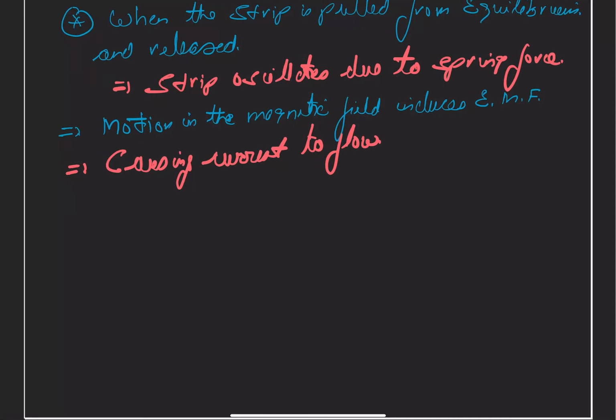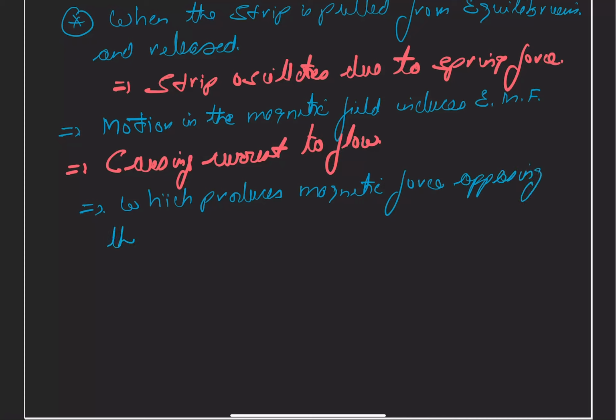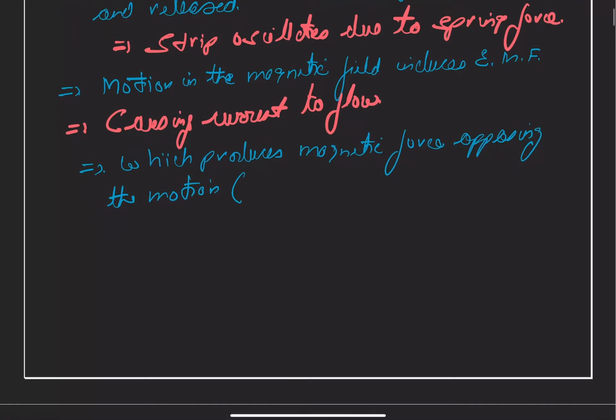And because of this current flow, it produces a magnetic force which opposes the motion. Or we can also say it is damping.